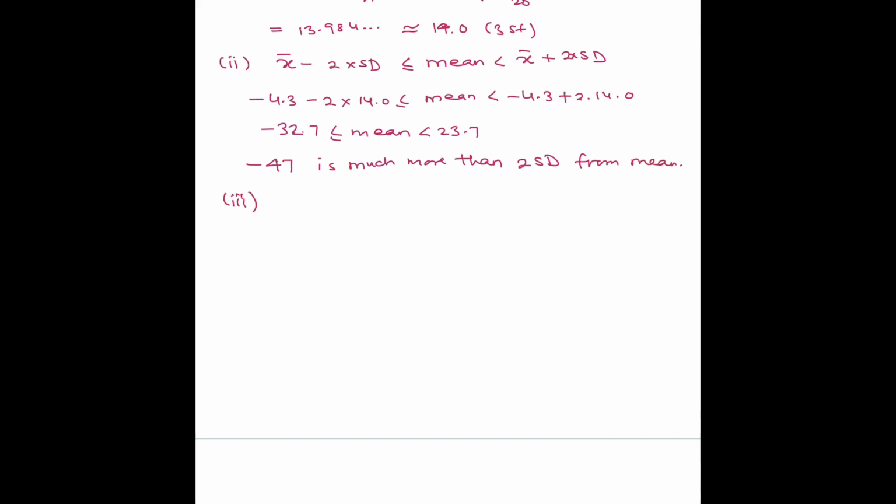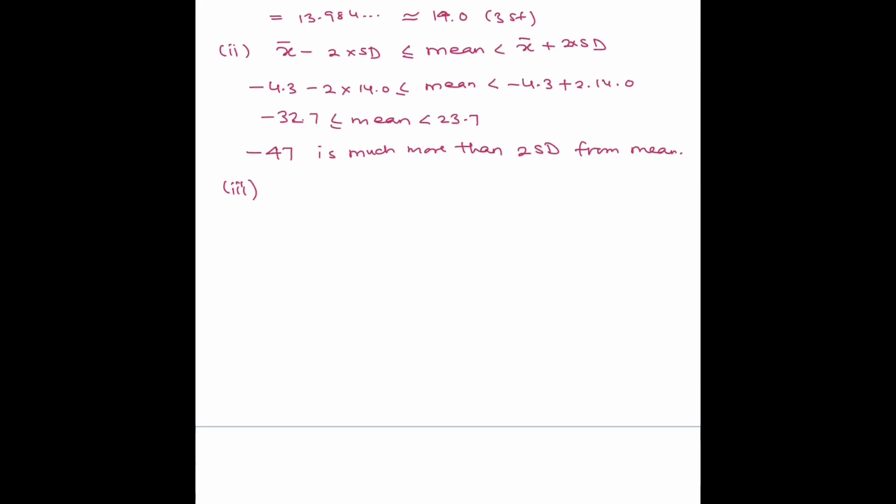Number 3 now. Find the new mean and standard deviation of the values of x when the value negative 47 is discarded. So sigma x new is negative 86 minus negative 47.